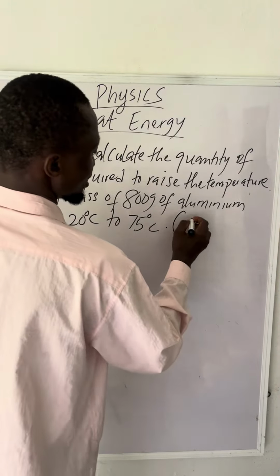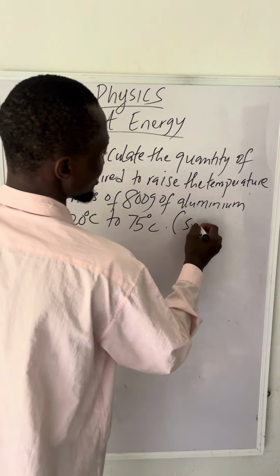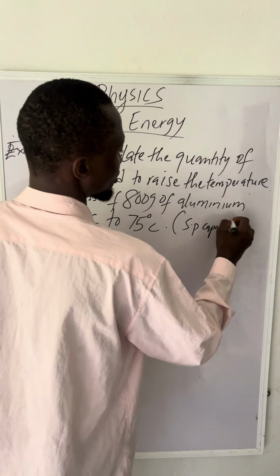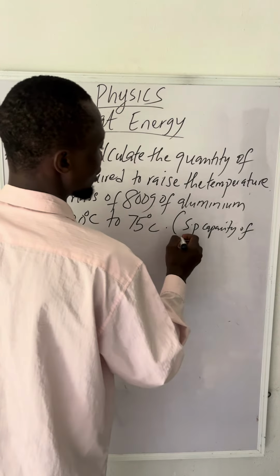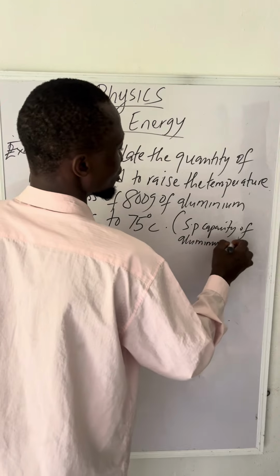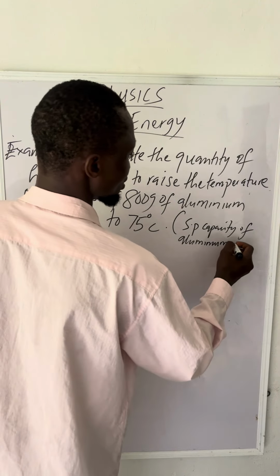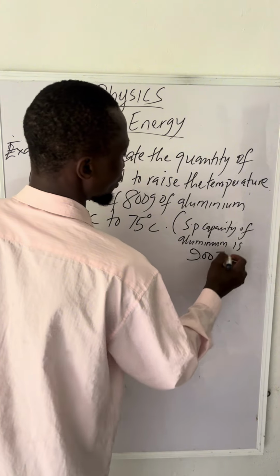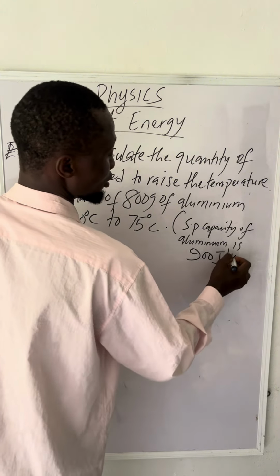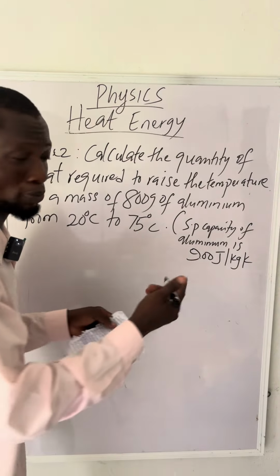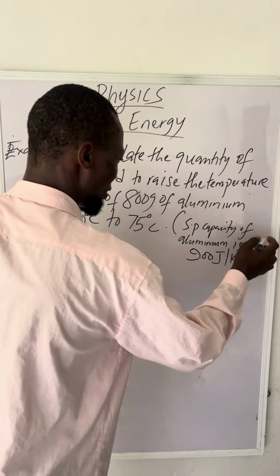So the specific heat capacity of aluminum is equal to 900 joules per kg per Kelvin. I can say per degree Celsius or per Kelvin.